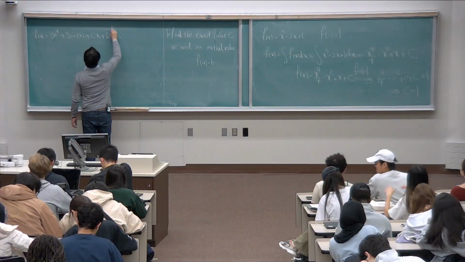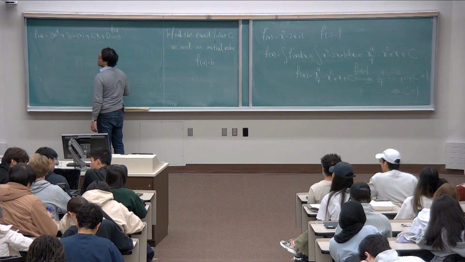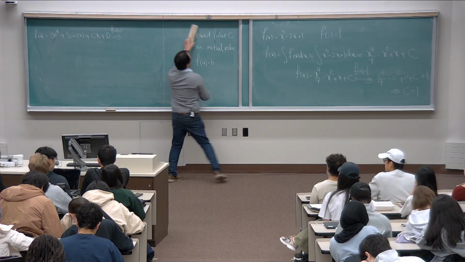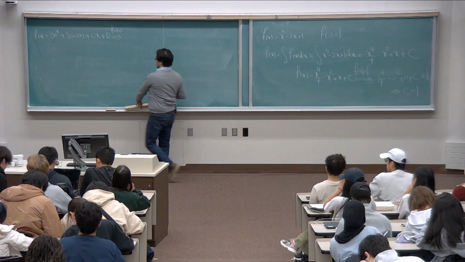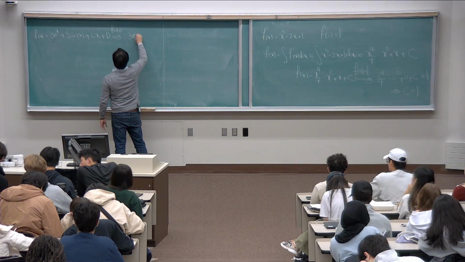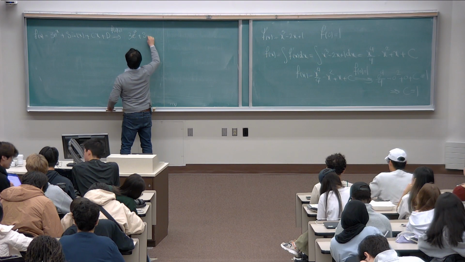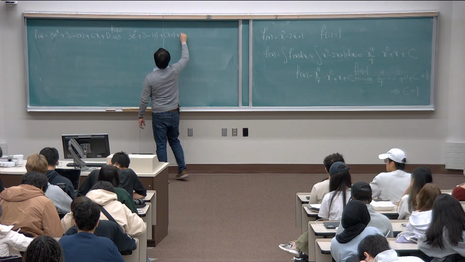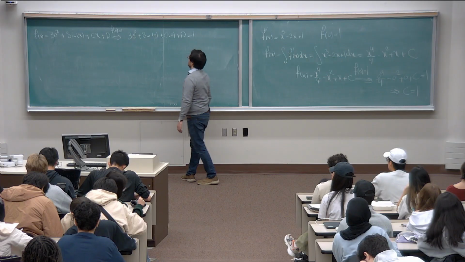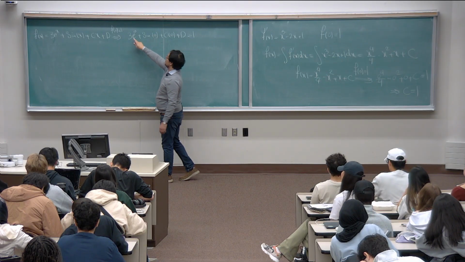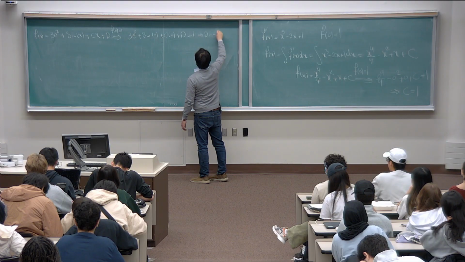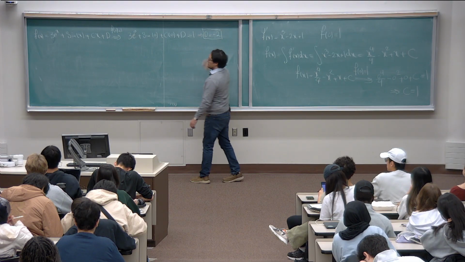If I know that f at 0 is 1, then I can say this means 3e to the power 0 plus sine of 0 plus c times 0 plus d must be equal to 1. This is 0, this is 0, this is 3. And that means that d is 1 minus 3, which is negative 2.